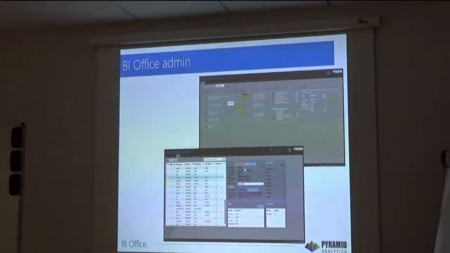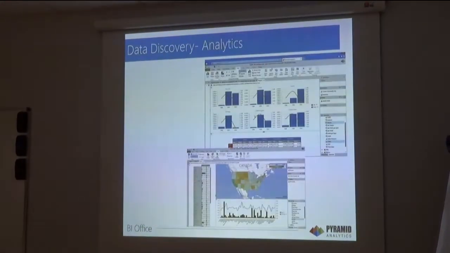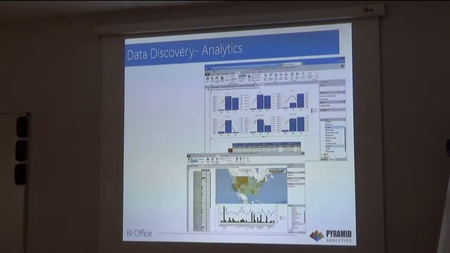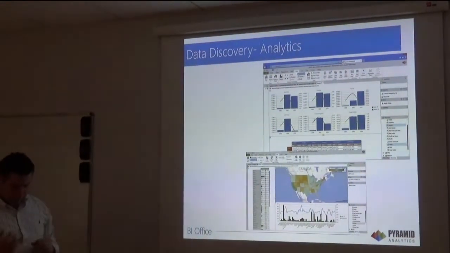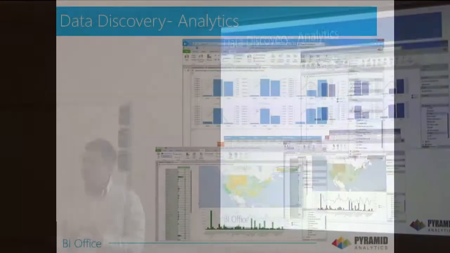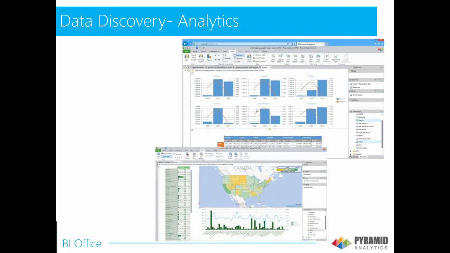I think we will go here. So the idea, I'll come back to the idea. So running through the web, we thought how we can make something that people are already familiar with. So we took the idea of Office and we called our product BI Office. And you will find in my presentation three features.